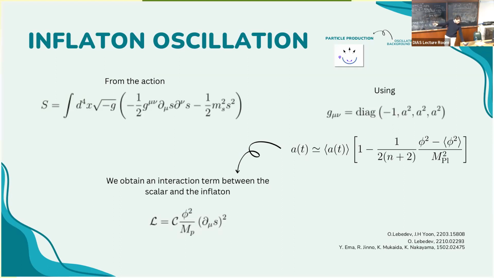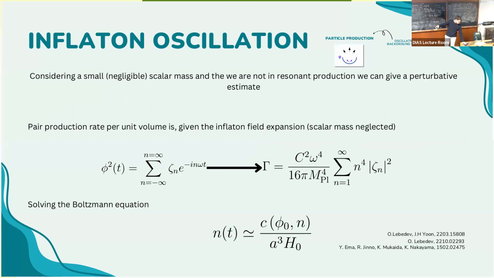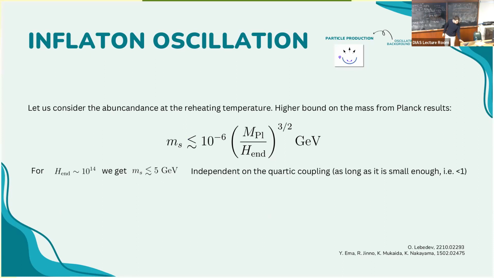People did this computation, both recently and earlier, so it's a known thing. We have this particle production, and you can compute the production rate for your dark matter and compare it with the Planck results.